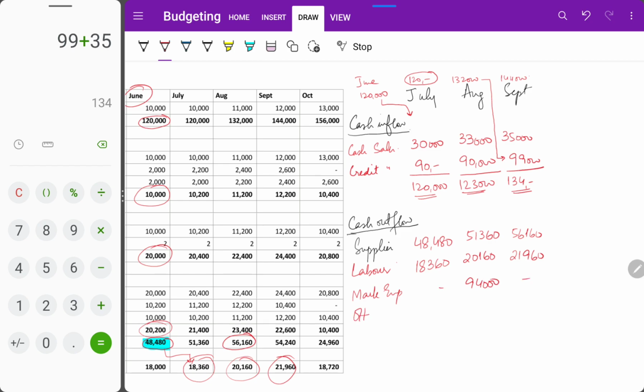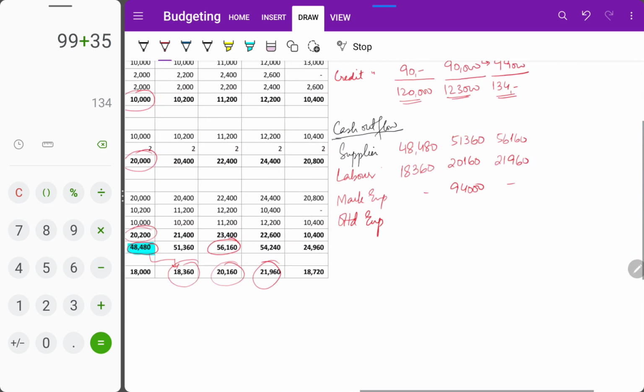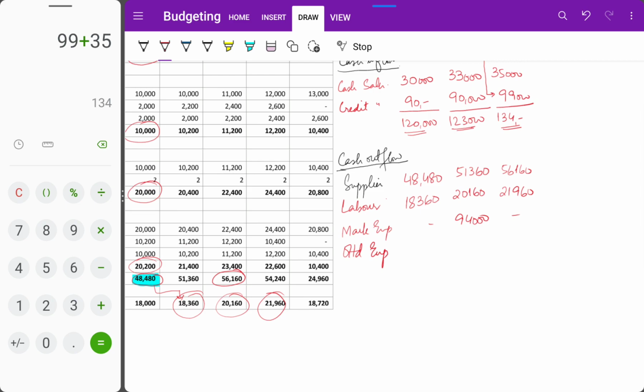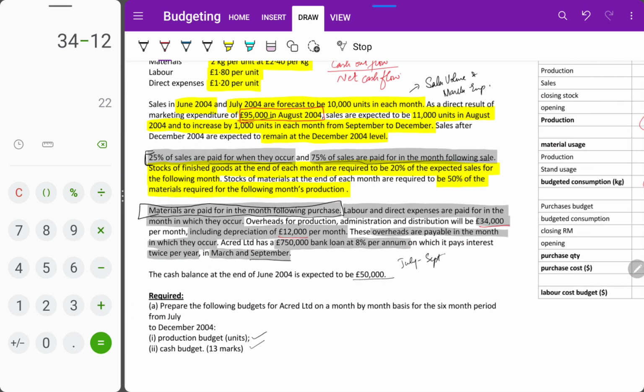And then there is an overhead expenditure. Overhead expenditure was 34,000, but since out of 34,000, 12,000 is depreciation, 34 minus 12 is 22. So 22,000 is the overhead expense for all months. And then the last one is that the company pays interest of 750,000 times 8%.